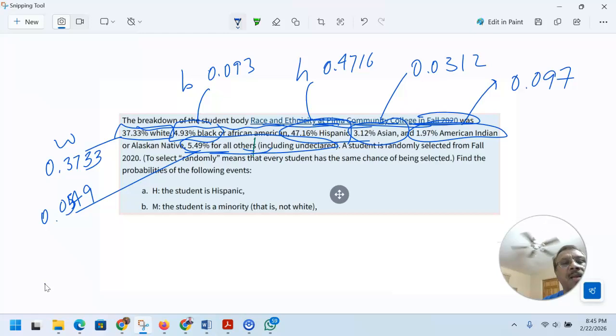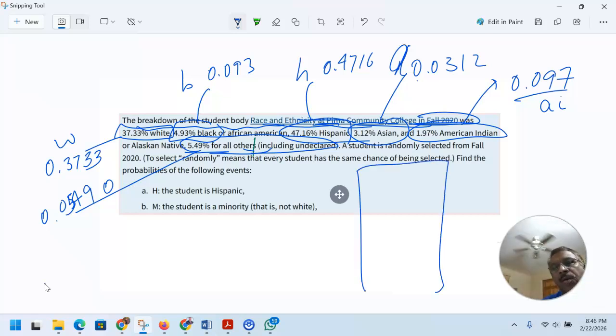This is 549, and this is others. So this is other, this is Asian, I'll put A, and this is Native Americans, we can put American Indian. Okay, we can write this in a nice orderly manner also.